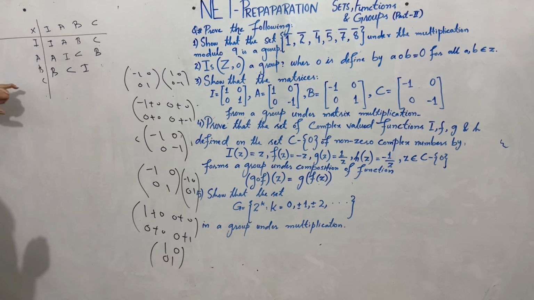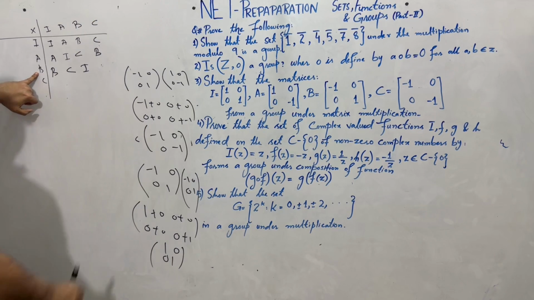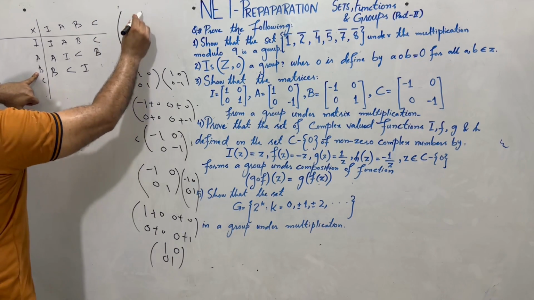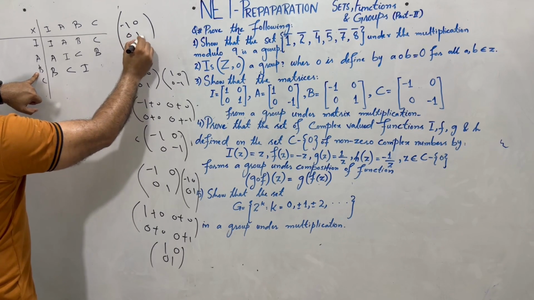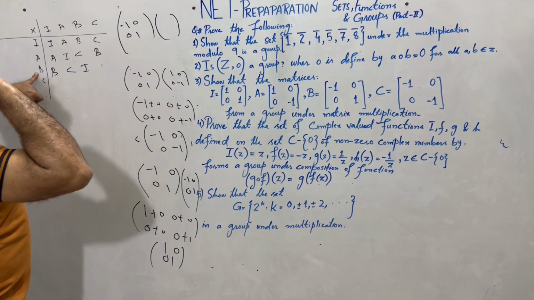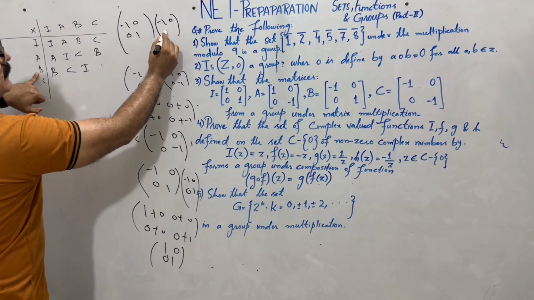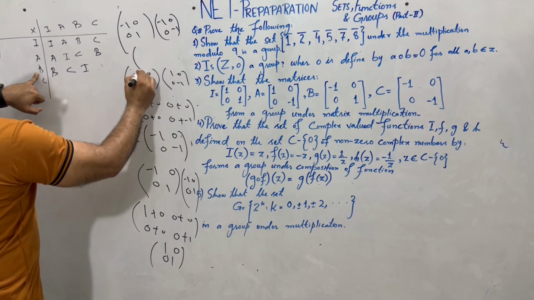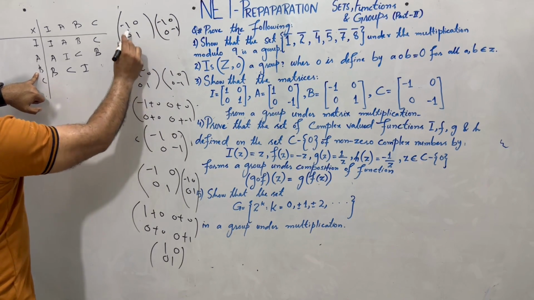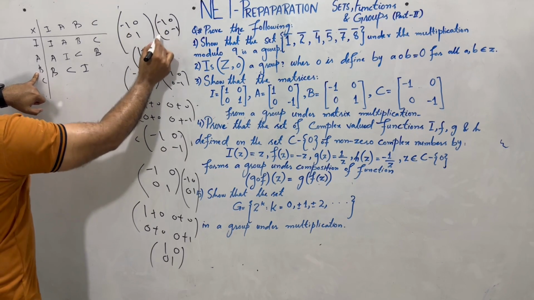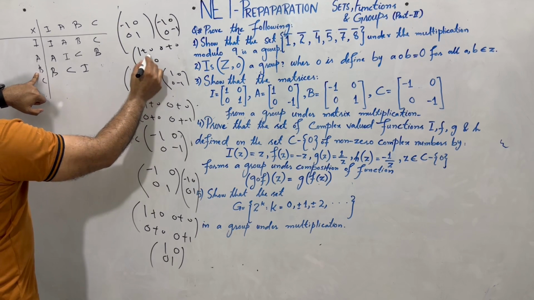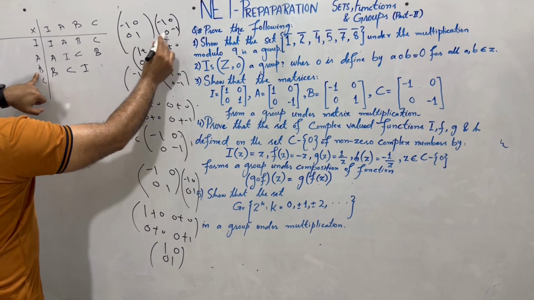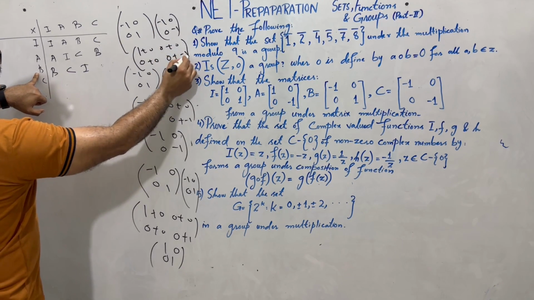Let me prove it for you as well. B times C. What is my B? My B is [-1 0; 0 1]. What is our C? Our C is [-1 0; 0 -1]. Multiply. Minus 1 times minus 1, positive 1. Plus 0, it's also 0. 0 times minus 1, 0. 1 times 0 is 0. 0 plus 1 times minus 1 is minus 1.